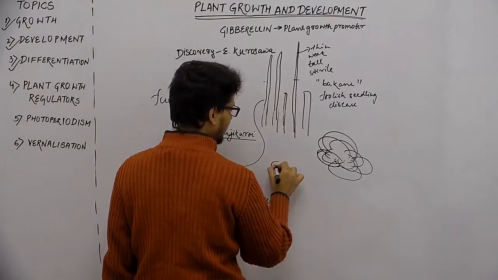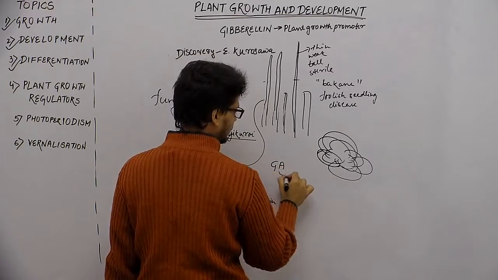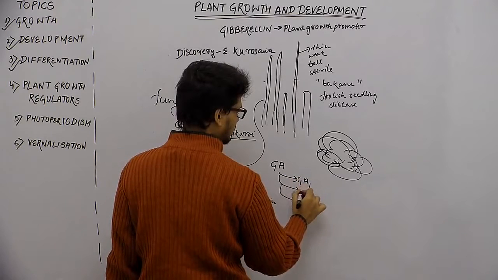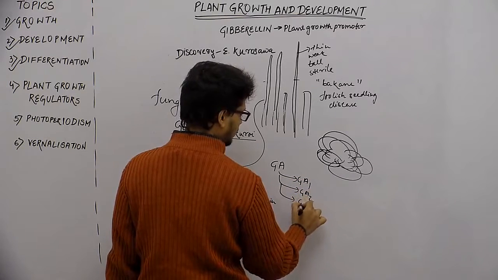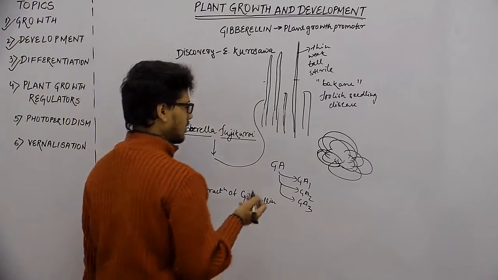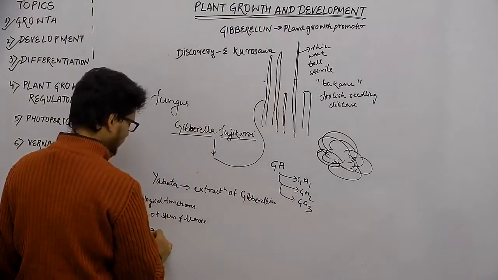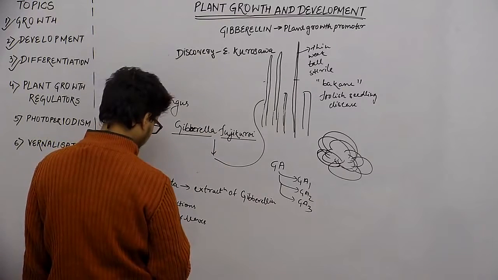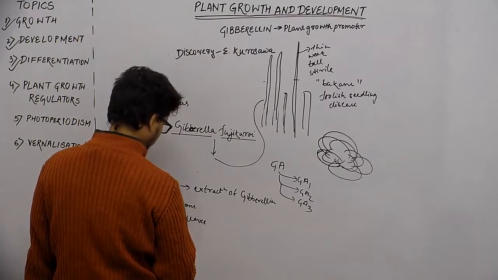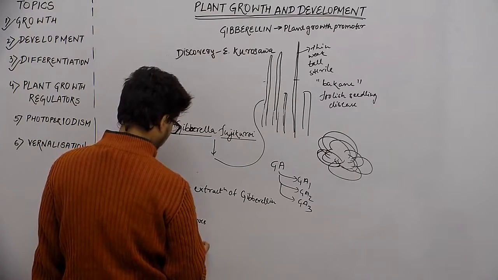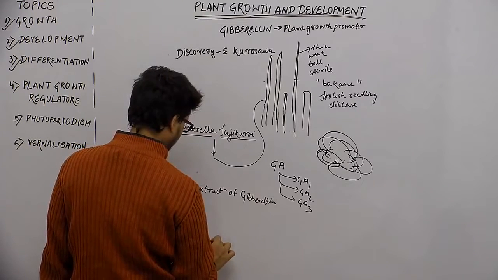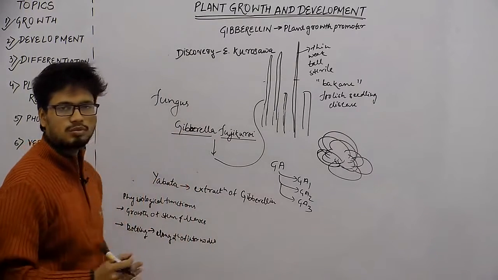We denote gibberellin by GA as well, and it has 3 varieties, that is GA1, GA2 and GA3. What it does is it promotes elongation of the internodes. And this process is called bolting.